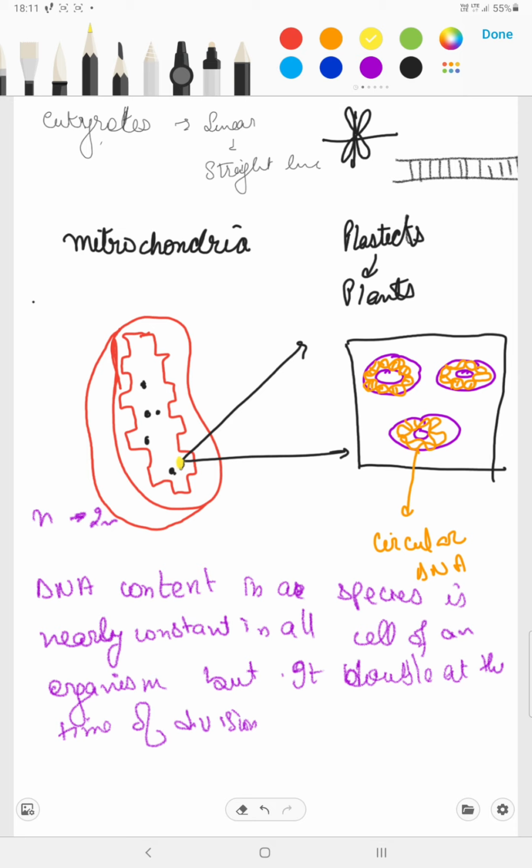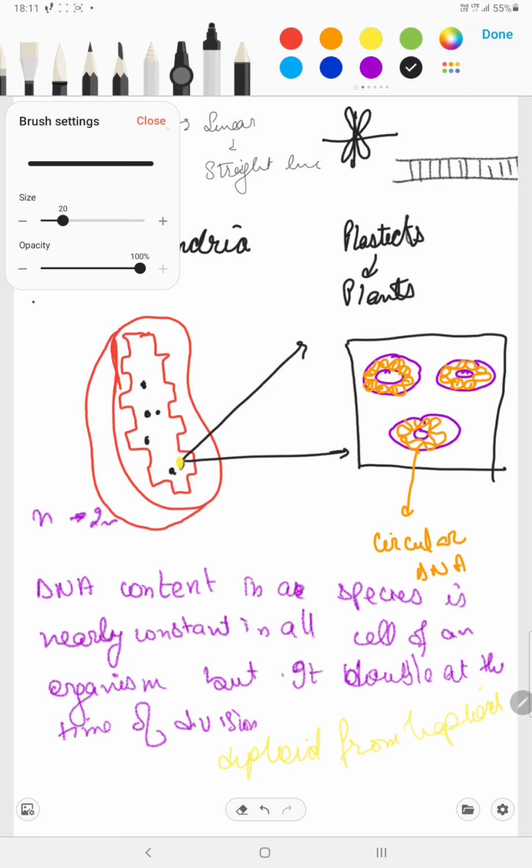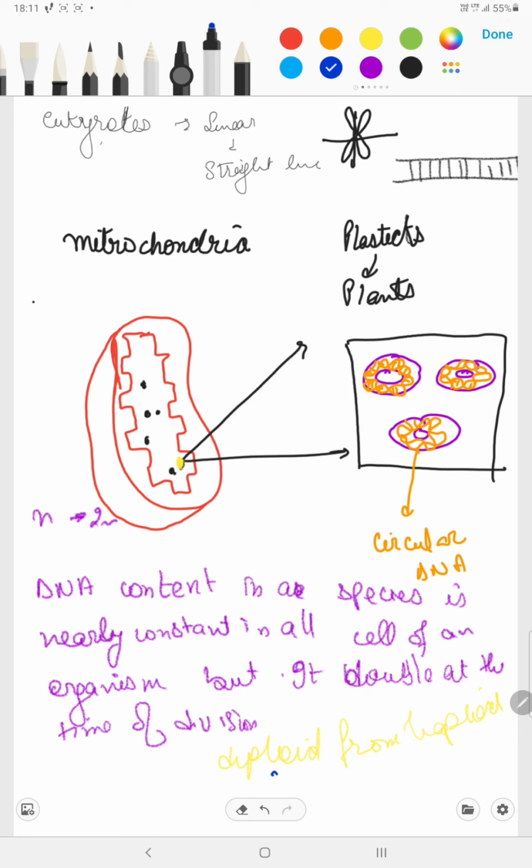In this phase the DNA doubles, it becomes diploid from haploid. You must be clear with the concept of diploid and haploid. It is a very basic concept. Diploid means 2n and haploid means n. So basically diploid is formed from haploid.